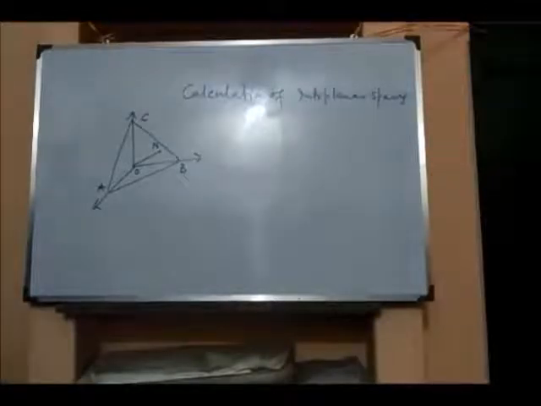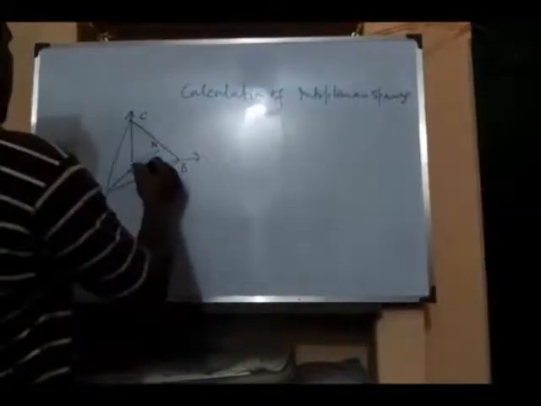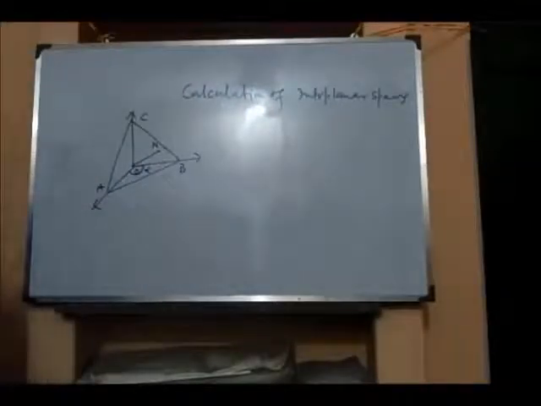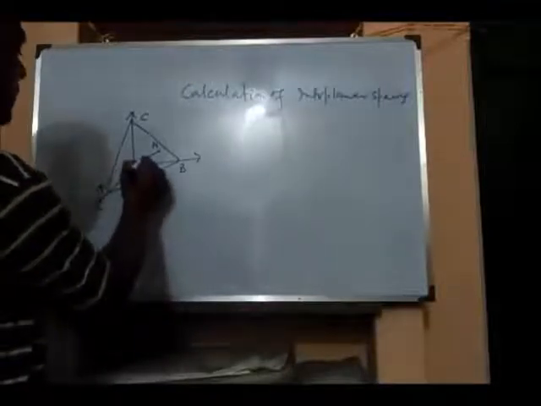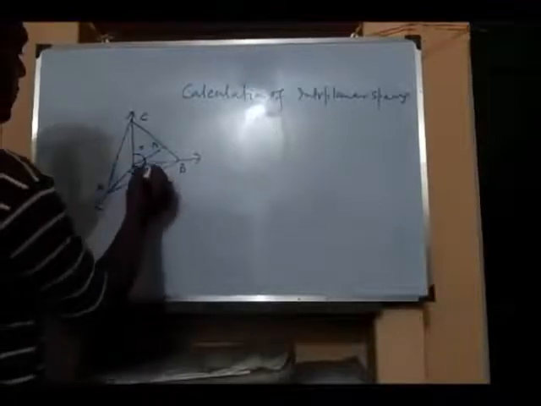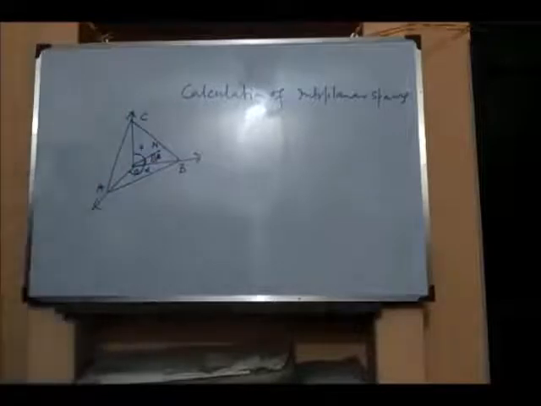then I can say that this angle is alpha, this angle is gamma, and this angle which is made with this normal is beta, right?